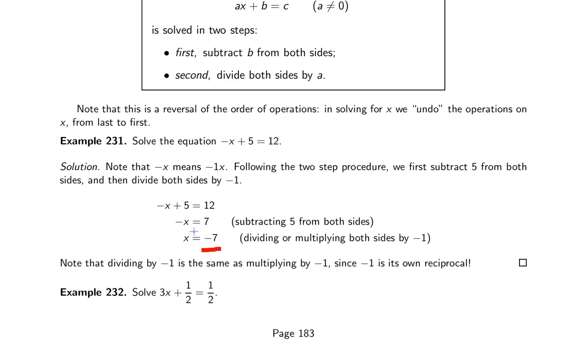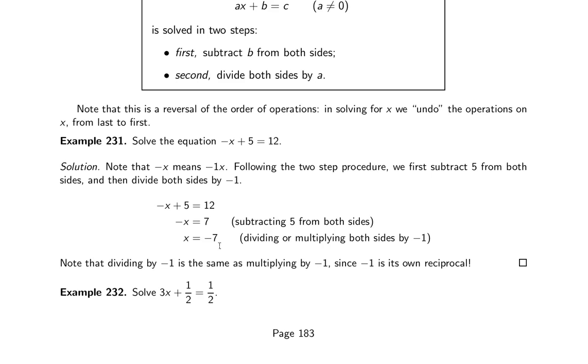It's a common mistake here to say, okay, negative x equals 7, and then just say x equals 7. No, this really means that the opposite of x is 7, so x itself has to be negative 7. This kind of situation shows up a lot.